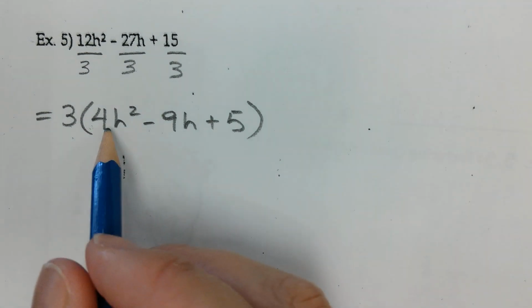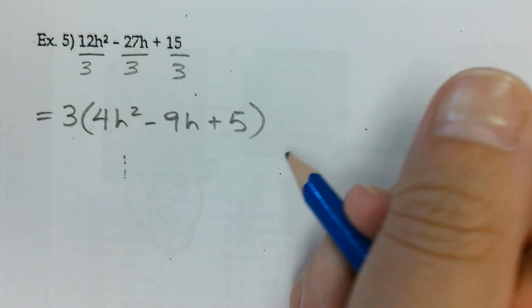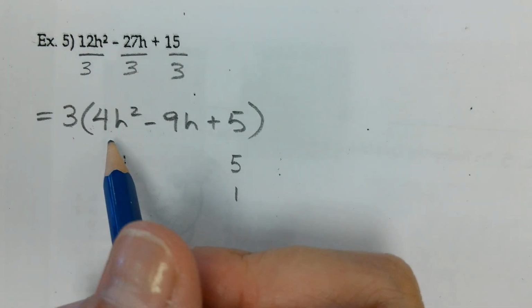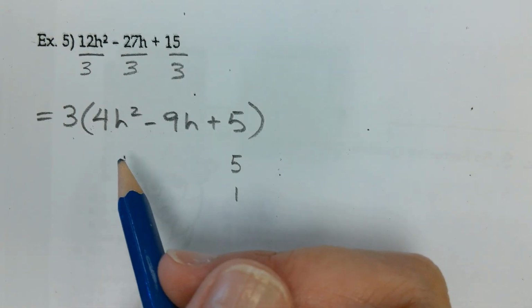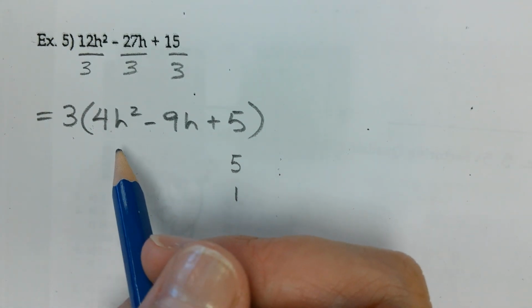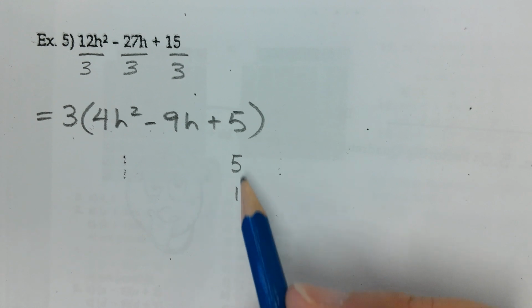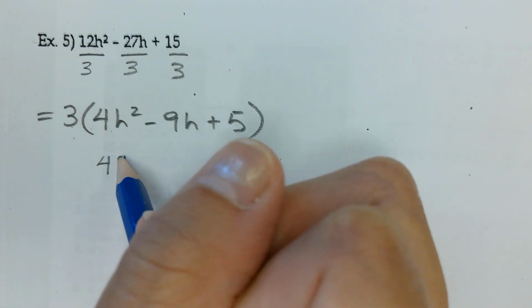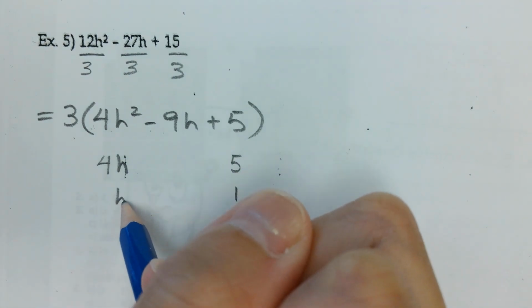Right? So with the 4x squared and the 5, I know 5 is 1 and 5. This one, 4h. Keeping in mind that I have to multiply it with the 5 and the 1, I'm thinking I should do 4h and h.